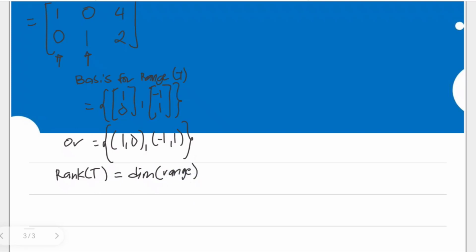In short, how many vectors or elements are there in the set of basis of the range of T. The rank of our first matrix is 2, since there are 2 vectors in that set. This is how we show the basis for the range and the rank for the first matrix.